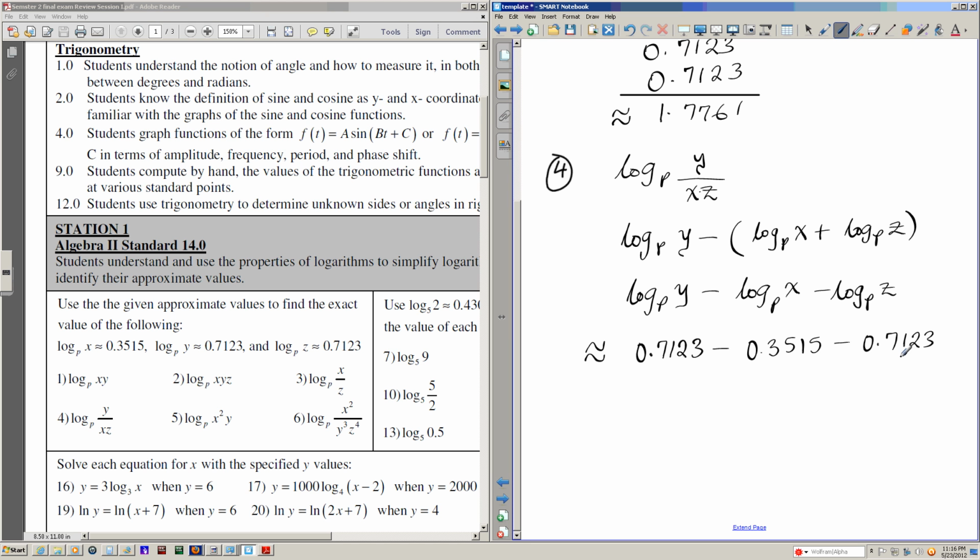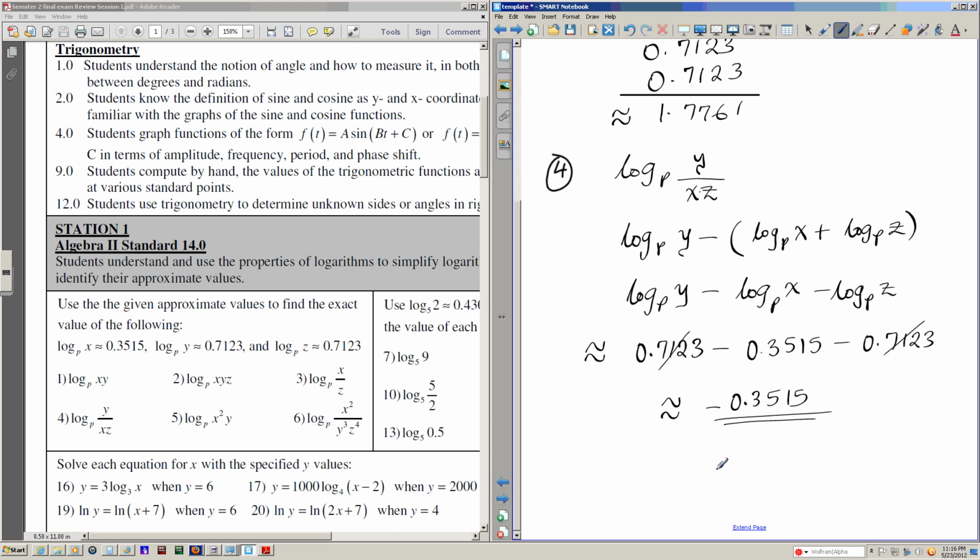Now, since these two are the same, they cancel each other out to 0, and your final answer is negative 0.3515. Just remember, everything on the bottom eventually will have a minus in front of it, because that's what division is. This division affects both of them, so they both become minus and minus.